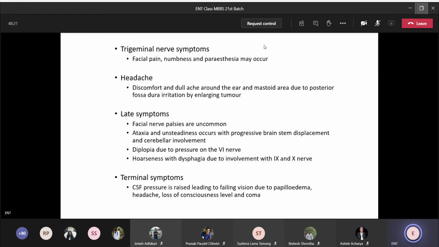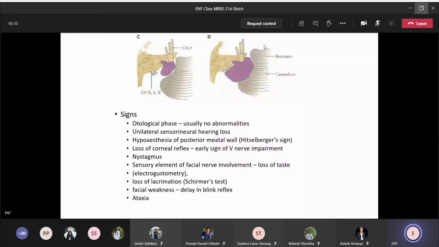Now, when the patient comes, you examine the patient and what will you see? So you look at the ear, you may not see any abnormality because whatever is happening, it's not happening outside in the ear, it's happening in the internal acoustic meatus and the surrounding areas. So if you do an audiogram, you would see unilateral sensory neural hearing loss. But one thing you need to check is take a small wisp of cotton and ask the patient to close their eyes, and then you check for sensation on the posterior superior meatal wall.